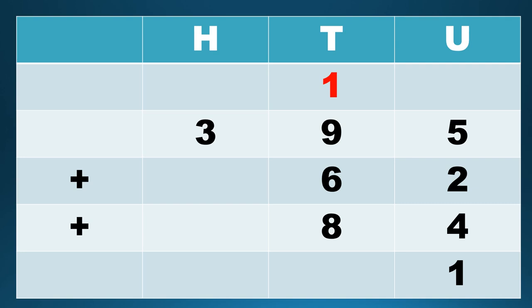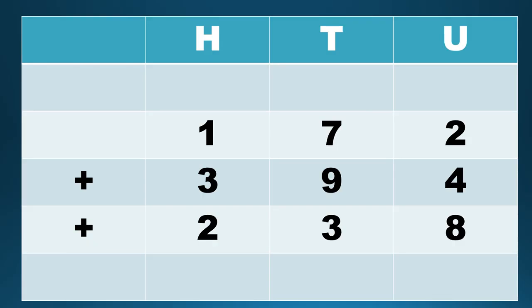So can you do 9 plus 6, 10, 11, 12, 13, 14, 15, plus 9, 16, 17, 18, 19, 20, 21, 22, 23, plus 1, the carryover, which is 24. So in the hundreds place, we only have the carryover 2 plus 3, and the answer is 5. So our sum total is 541.